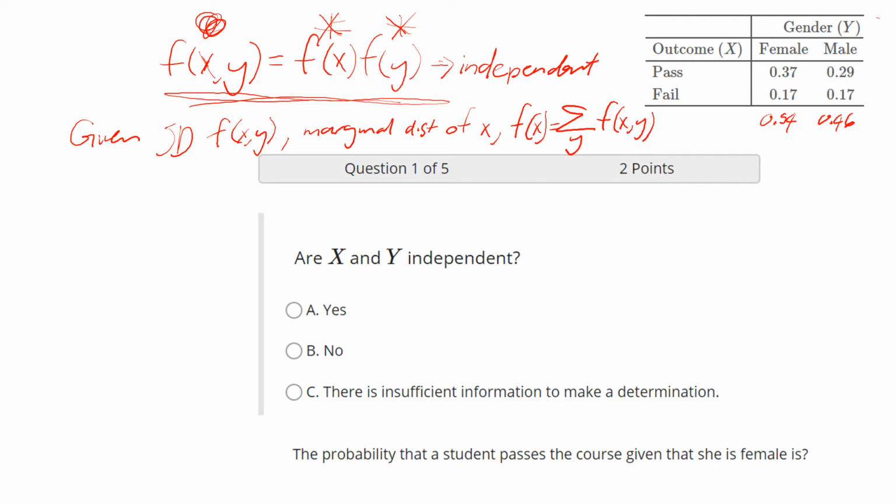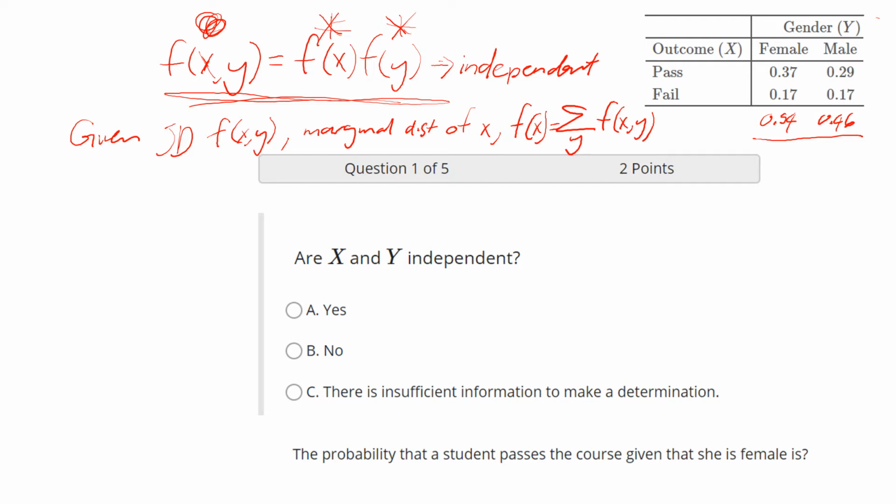Okay, so we found the marginal distribution of y. We summed over x. Now we need to find the marginal distribution of x, summing f over y.